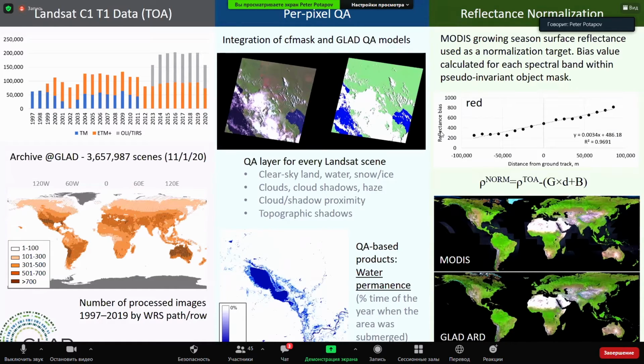And the first step in the process is to analyze the quality of the image per pixel. We use our own models of quality assurance, and we use other people's techniques, but we believe that our method shows not only the clouds and their shadows, but also it identifies topographic shadows, and we can separate land, water, snow, and ice under clear skies.